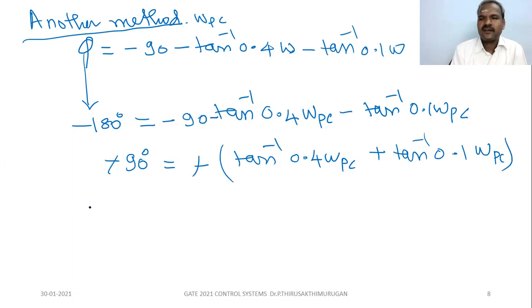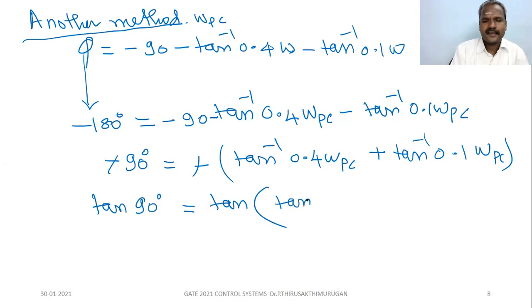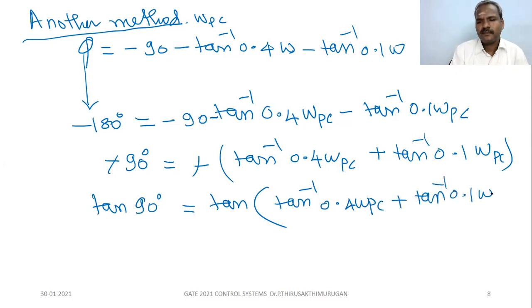Now take tan on both sides. So tan 90 degree equals tan of tan inverse of 0.4 omega PC plus tan inverse of 0.1 omega PC. Now write this as A plus B. Tan of A plus B, what is it?